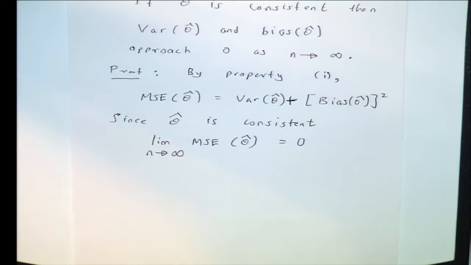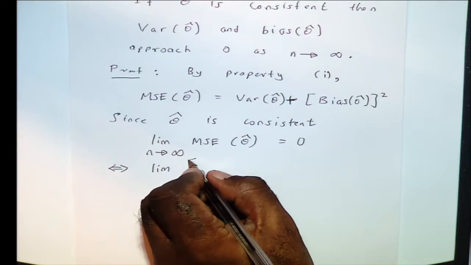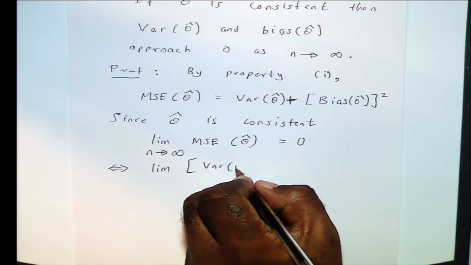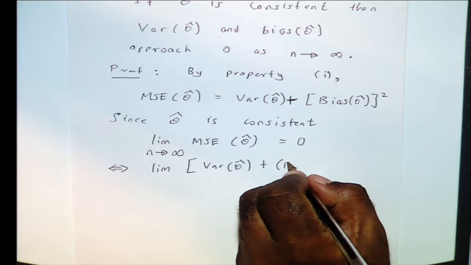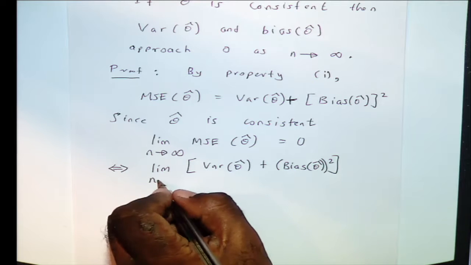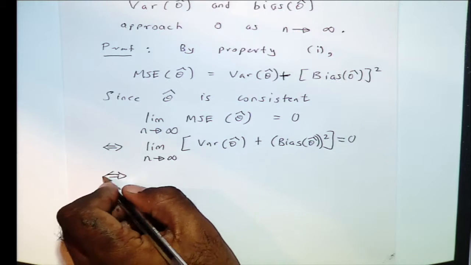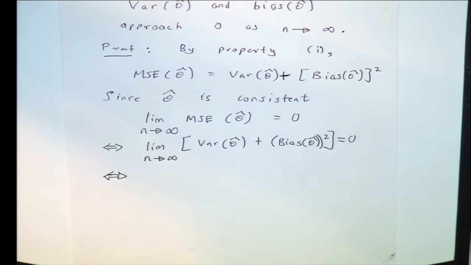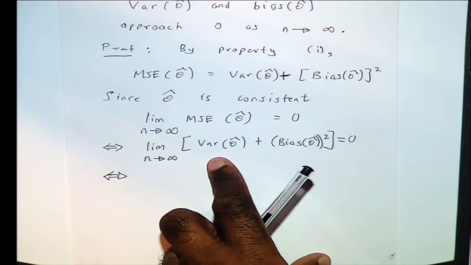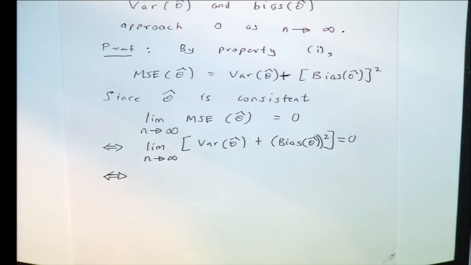So this implies, and this implies, because both these are positive terms, the variances can never be negative, and the square of any number can never be negative. So what you have is the sum of two positive terms, right? So the only way that the limit can be 0 is if each of them is 0, right?